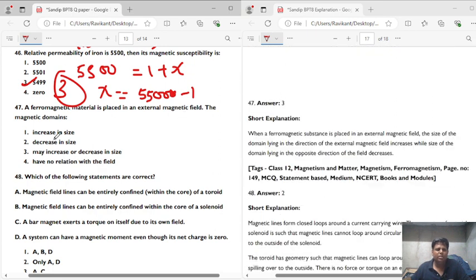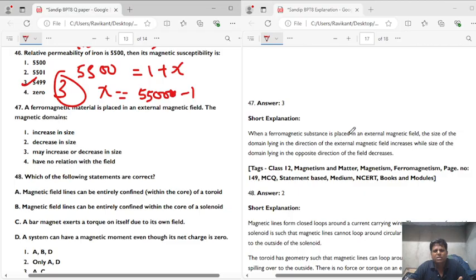Now question number 47. A ferromagnetic material is placed in an external magnetic field. The magnetic domain will increase and decrease both depending on how it is being placed, right?